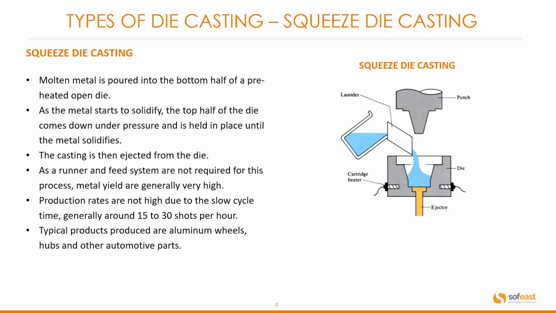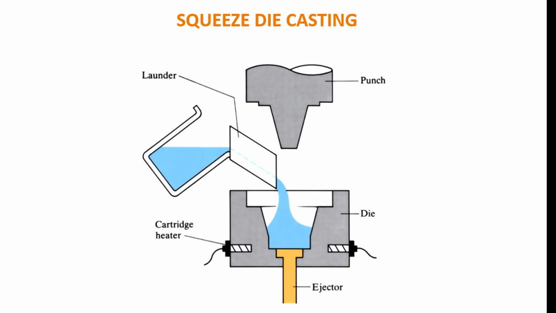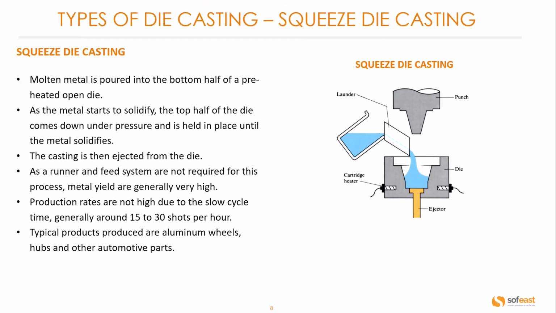Production rates are not high due to the slow cycle time, generally around 15 to 30 shots per hour, depending on the size and complexity of your product. Typical products produced are aluminum wheels, hubs, and other automotive parts. We can see the squeeze die casting layout here.